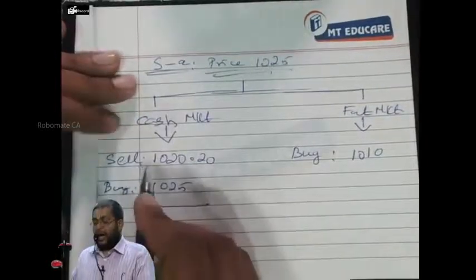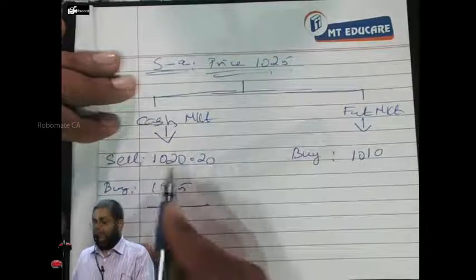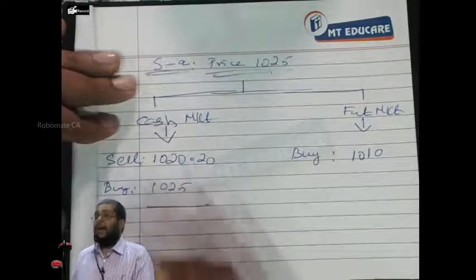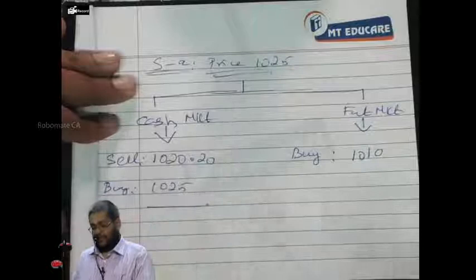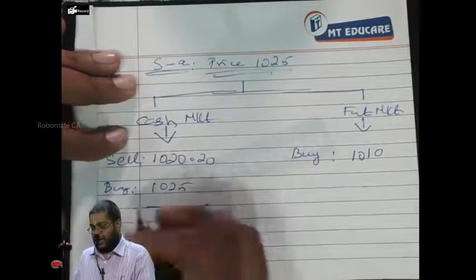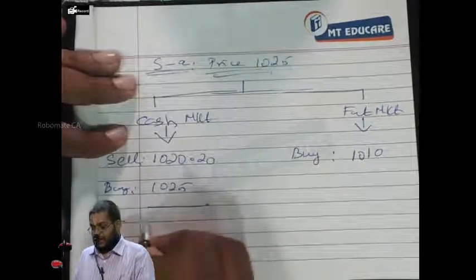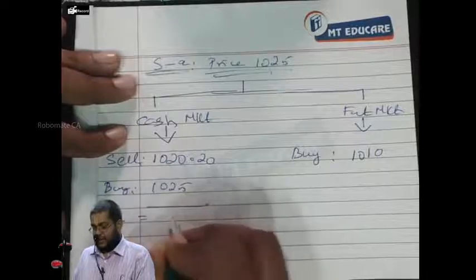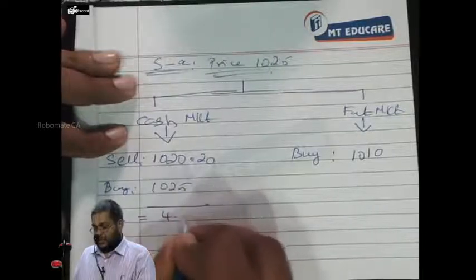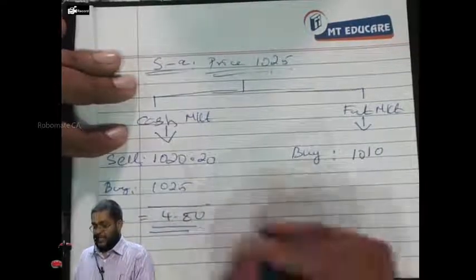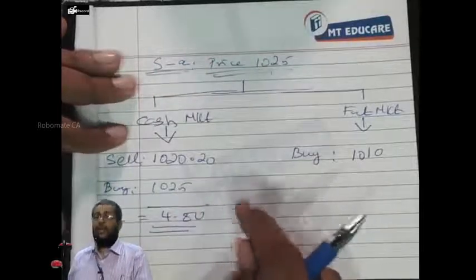Now tell me, I sold the index fund for 1020 and purchased it back at 1025. Profit or loss? Loss, 4.80, which I made in the cash market by selling and buying the units of an index fund.